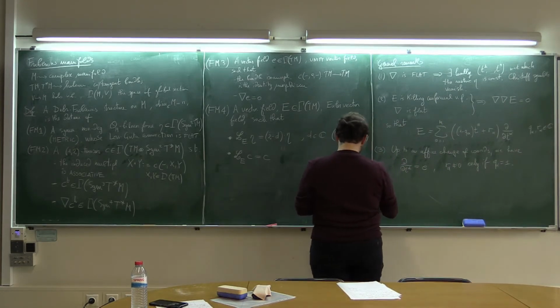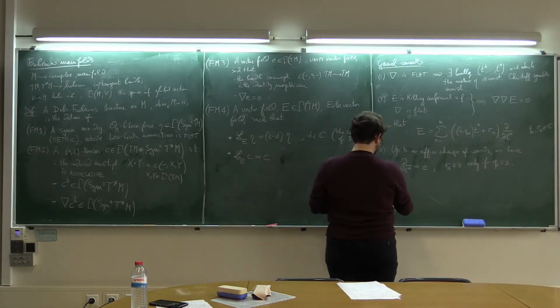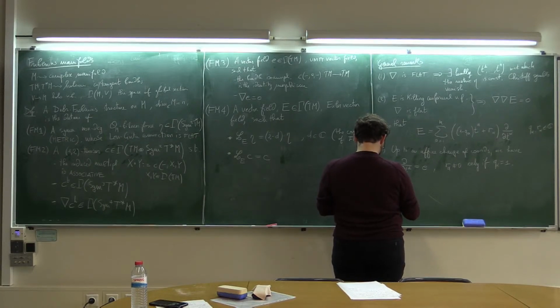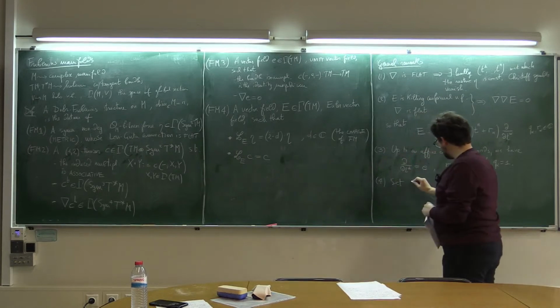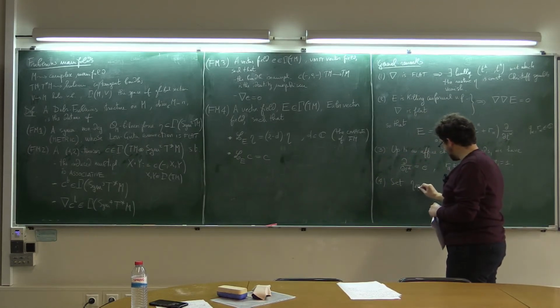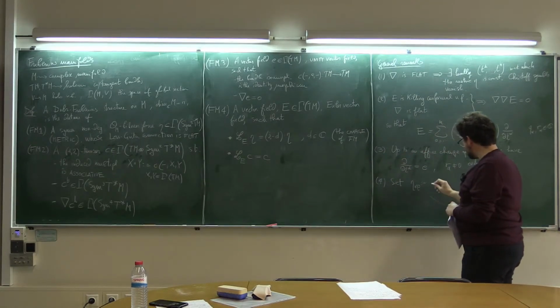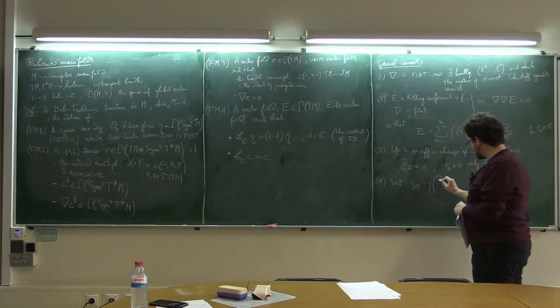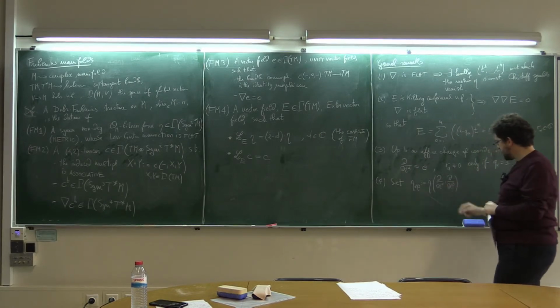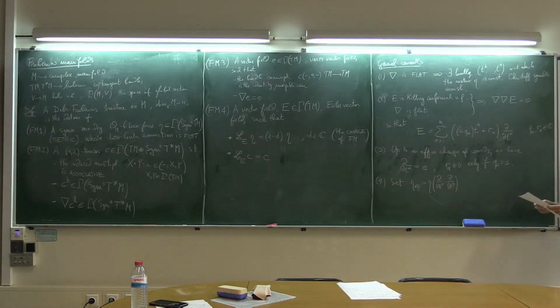Fourth remark: we can set eta alpha beta to be the pairing of two coordinate vector fields with respect to these flat coordinates, d over dt alpha and d over dt beta.